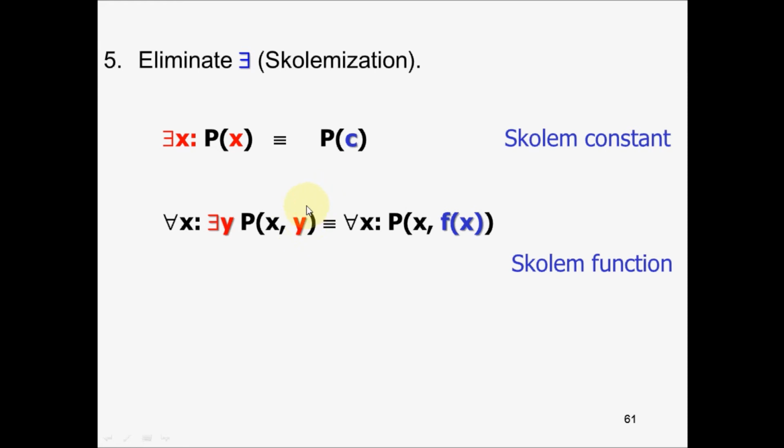Okay, the value that will not hamper the meaning, and that function of x, f of x, is called as Skolem function. Okay, so skolemization can be done by either substituting the existentially quantified variable with a Skolem constant or with a Skolem function. We will understand this better with the next example.